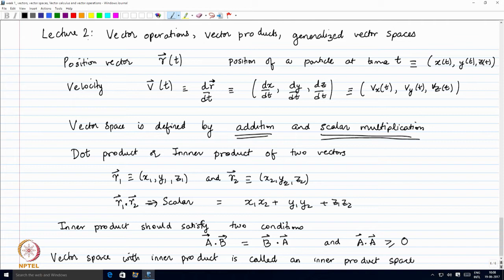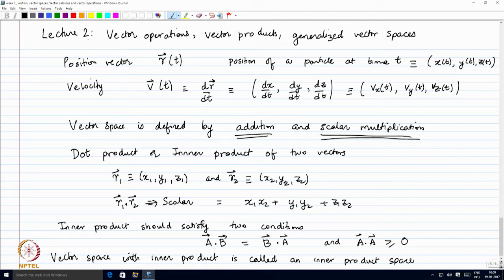So, this inner product space is a kind of vector space where the inner product is defined. You could have vector spaces where no inner product is defined, that is perfectly fine. Vector space is defined only by addition and scalar multiplication. But if you have a vector space where an inner product is also defined which satisfies these conditions, then it is called an inner product space.